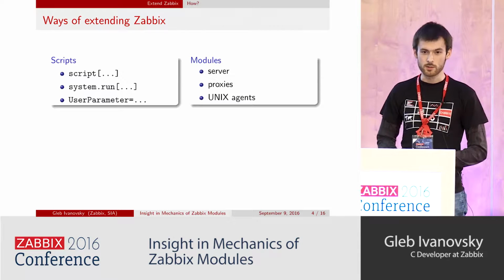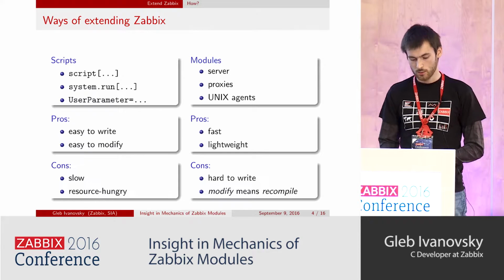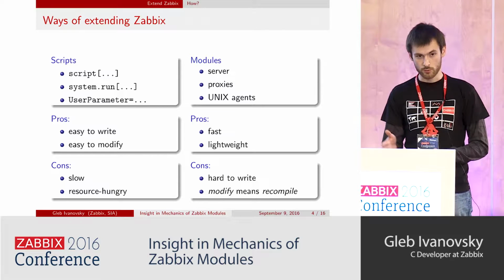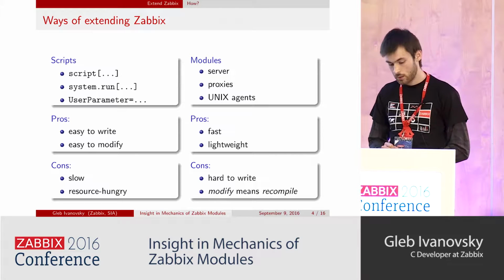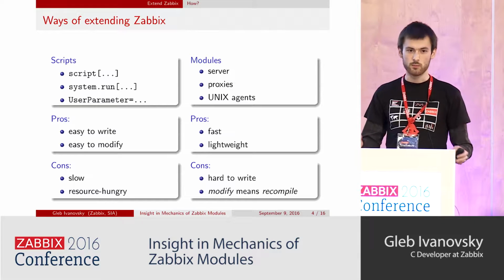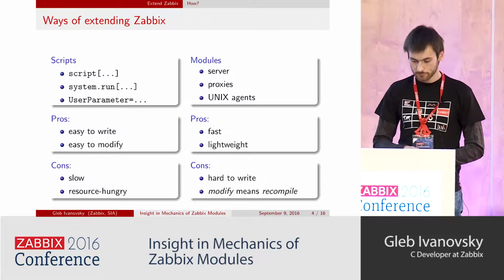Scripts are written in script languages, and modules are written in C. So scripts are really easy to write and modify, but they are slow and resource hungry. Modules are very fast, lightweight, because they are binary and they speak in a Zabbix native way.